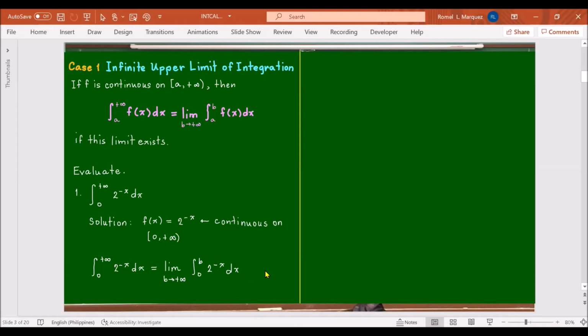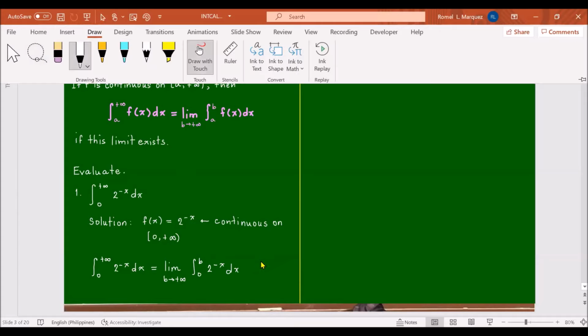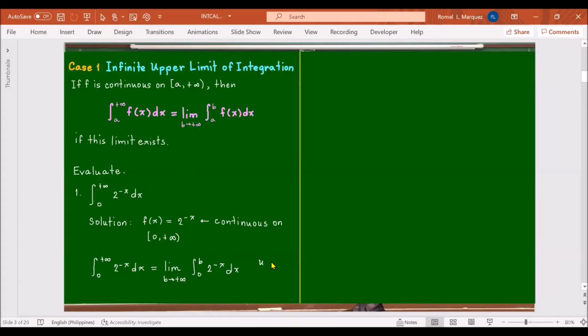Okay? So we can evaluate this by exponential integration. Here, our u is equal to negative x, and du is equal to negative dx.